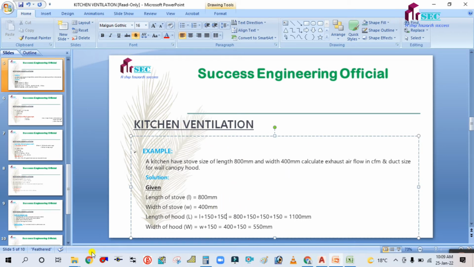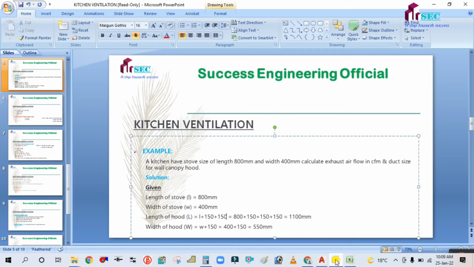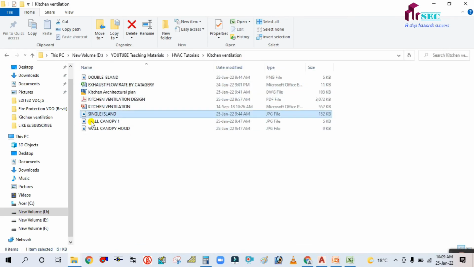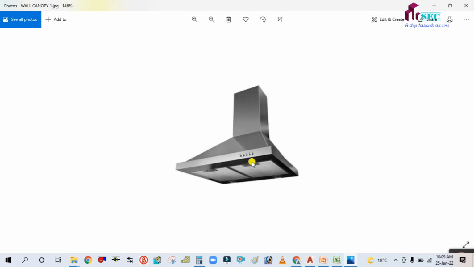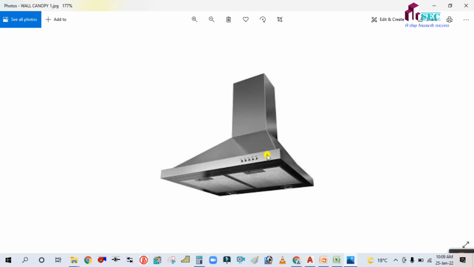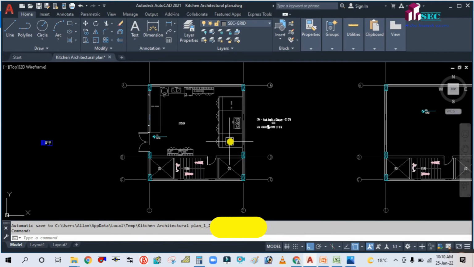I will show you here. This is a wall canopy hood. Let me open this. So we are calculating the size of the length. The length of the stove and width of the stove are given. For example, this is a wall canopy hood.